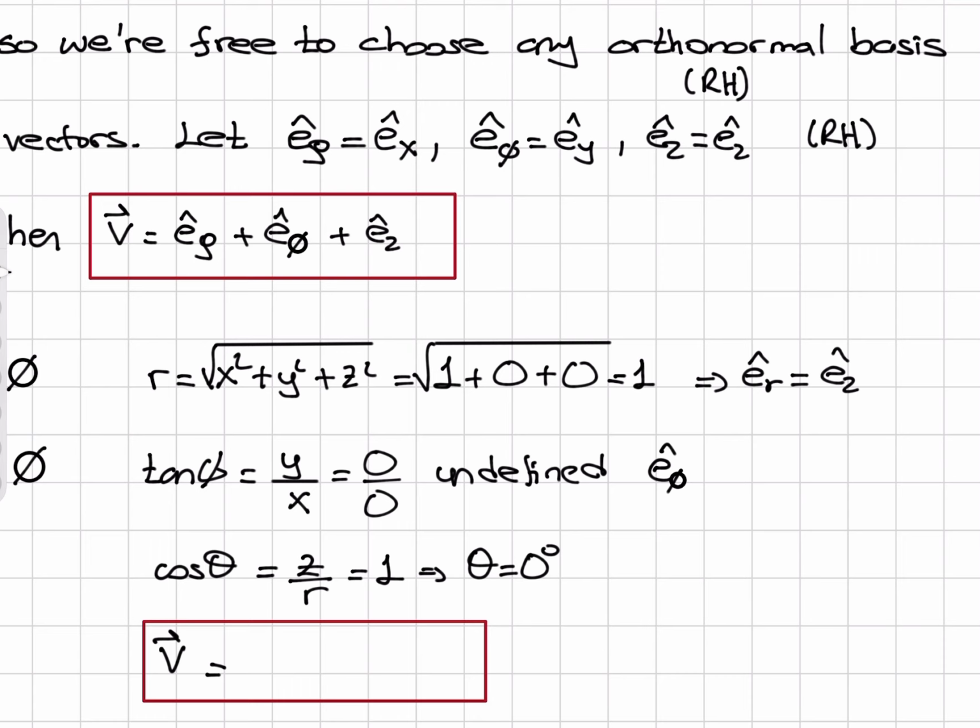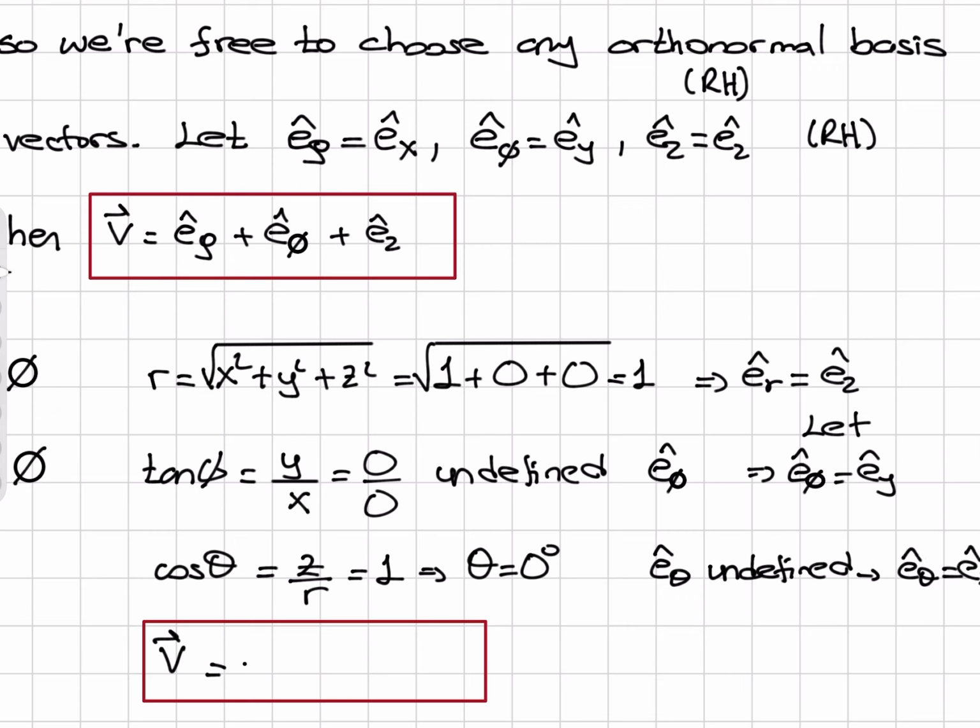So this gives me an undefined e phi hat. So I can take e phi hat equal to ey hat as the choice. And theta equal to 0 also gives me e theta hat undefined. So I can take e theta hat to be equal to ex hat.